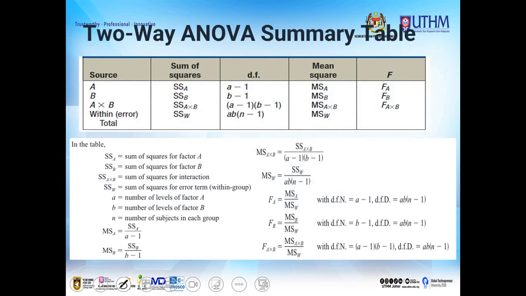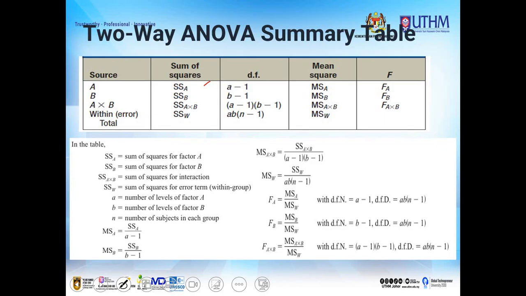This is a table summary, similar to the previous one-way ANOVA, but with additional values that we need to add, like A times B, within, total. On this side we have sum of squares A, sum of squares B, sum of squares A times B, and sum of squares error, or within the group. Then degrees of freedom: A minus 1, B minus 1, A minus 1 times B minus 1.